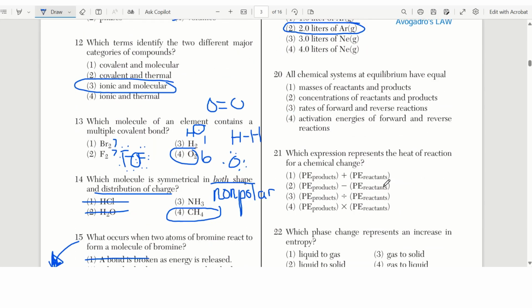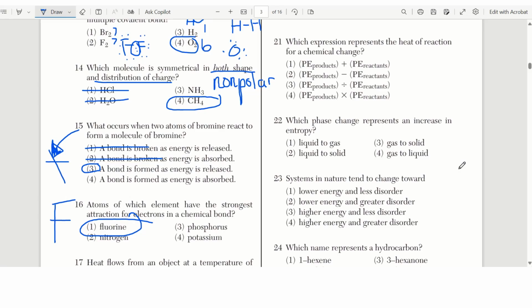Number 20, all chemical systems at equilibrium have equal, what do they have equal? They have equal rates and constant concentrations. So equal rates and constant concentrations. Number 21, which expression represents the heat of reaction for a chemical change?